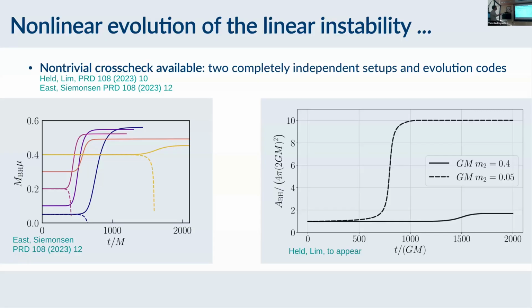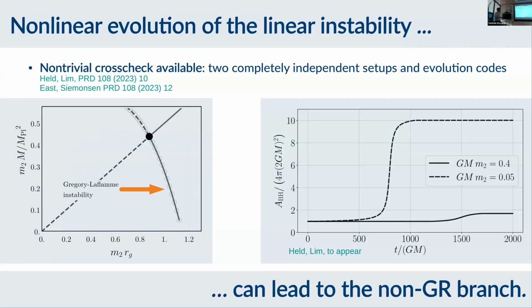And so if both of these behaviors occur in the full 3+1, then I think our simulations should show both branches. We don't see that. So that's something that remains to be done. But both simulations show that you can end up with transitions from one branch into the other branch.